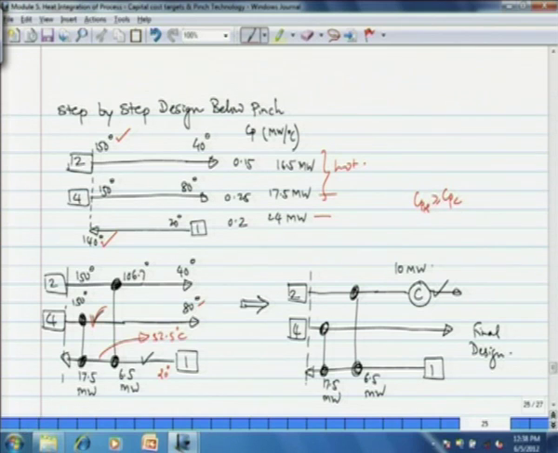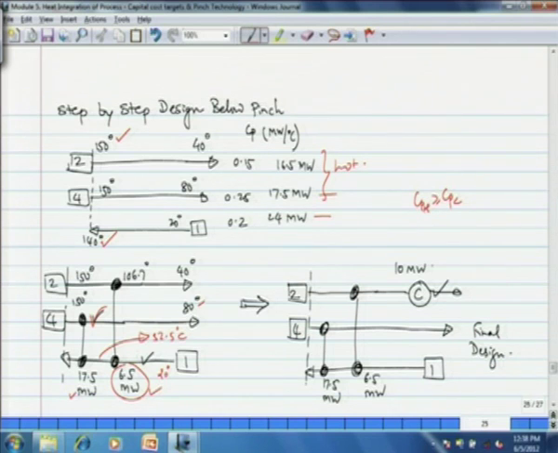And then we can place a match between stream 2 and 1. Stream 1 now requires only 6.5 megawatt of heat, because it has already taken 17.5 megawatt of heat from stream 4 and it has a temperature of 52.5 degrees centigrade.